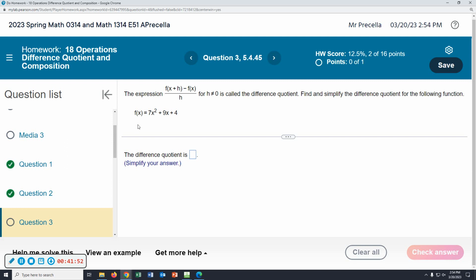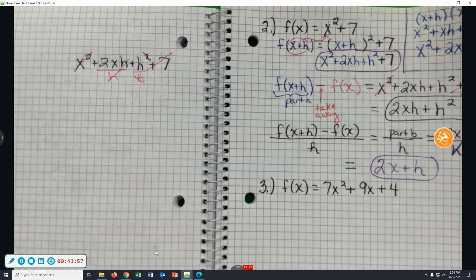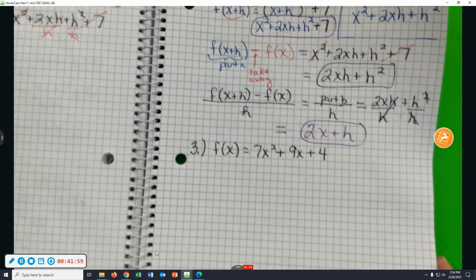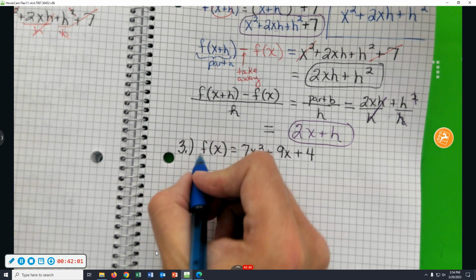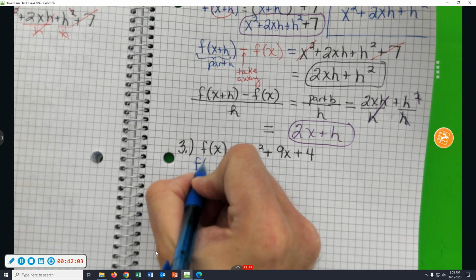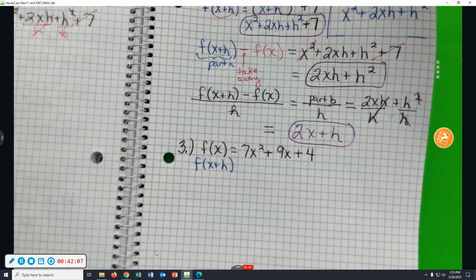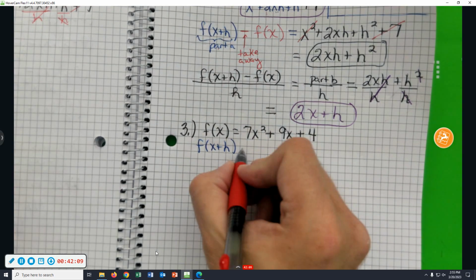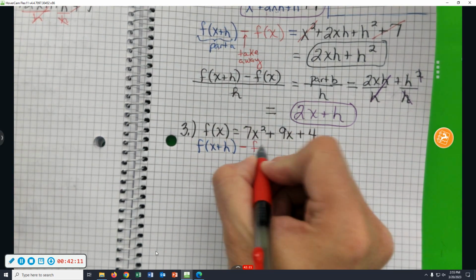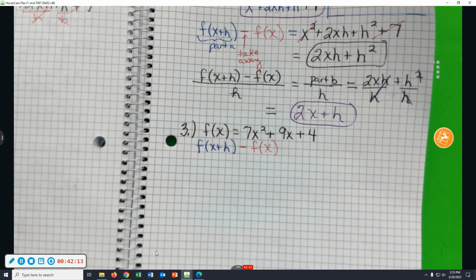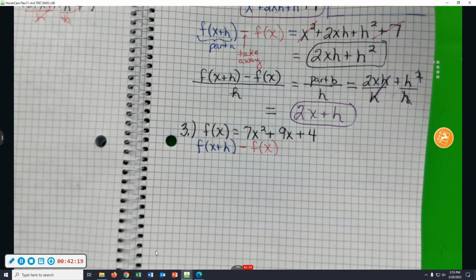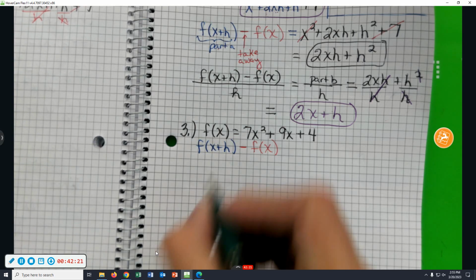Now I'm going to color code all of this. I'm going to use blue ink to find the f of x plus h. Then for the take away f of x, I'll use red. And, let me see, does this green look good here?